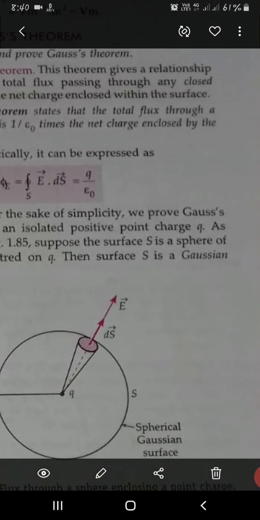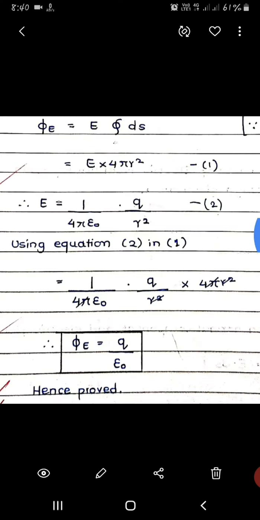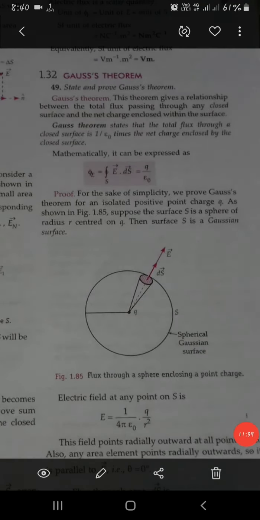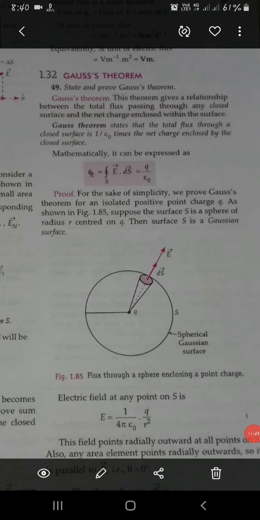Here one more time I want to explain from this expression. What is Gauss theorem? Gauss theorem gives the relation between electric flux and charge enclosed in the closed surface. First you have to write the statement of Gauss theorem.